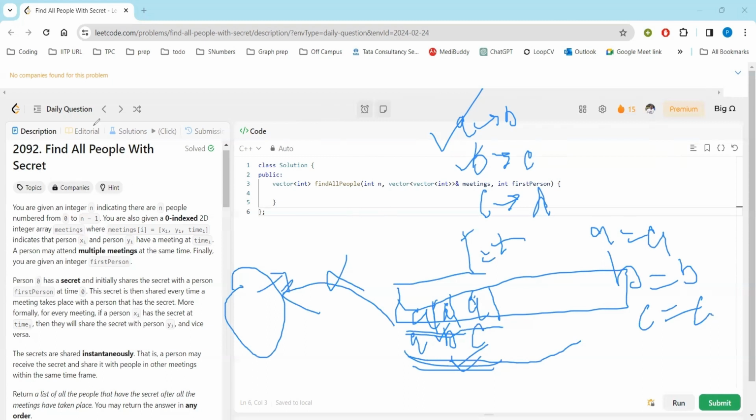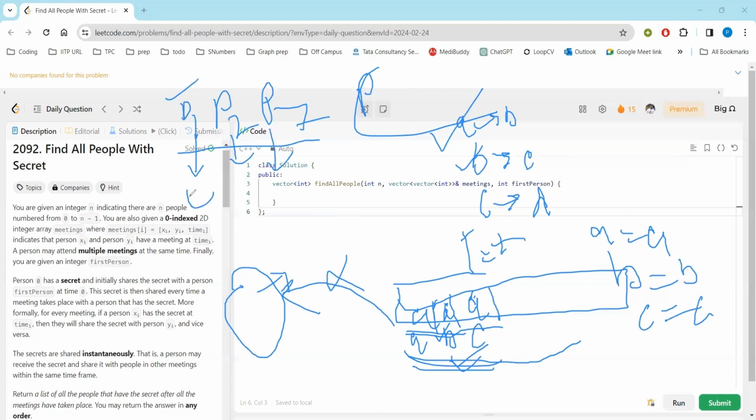So at the end, if persons P1, P2, P7 know the secret and the remaining persons don't know the secret, then the ultimate source of parent for P1, P2, P7 will be 0, and for the remaining, it will be itself.